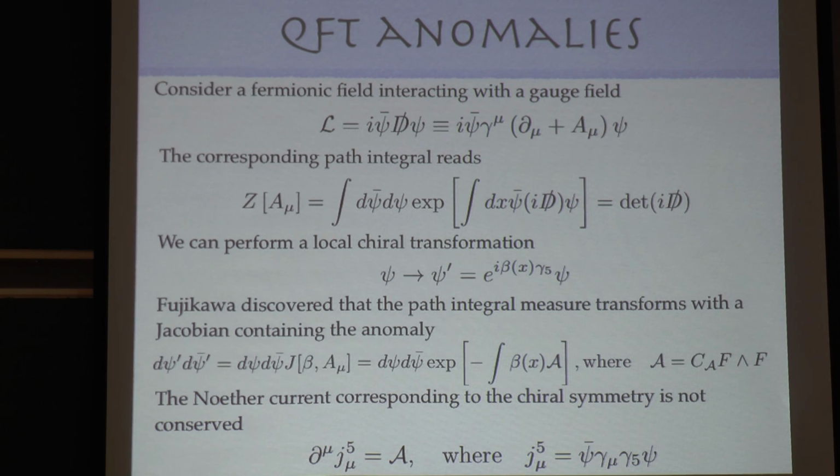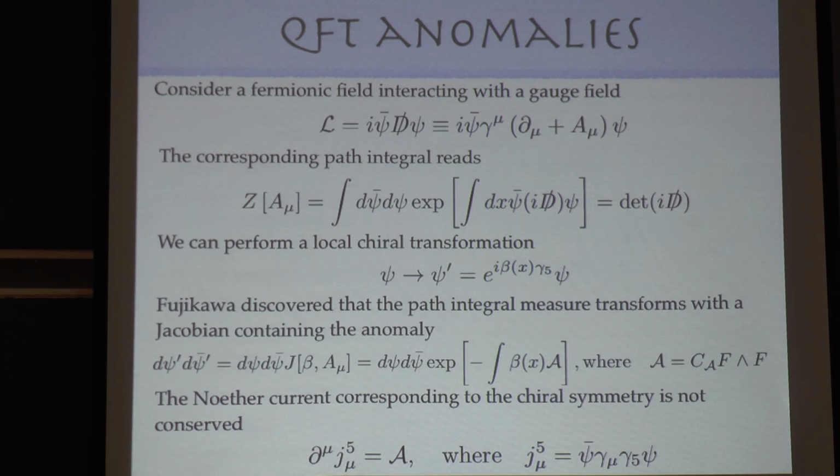Then the partition function for that can be constructed, and formally it leads to some determinant of the operator D. At the classical level, we can do the chiral transformation in this form, where β is some local function of the coordinates. Then it turns out that if we quantize the system, the symmetry is no longer there, but actually there is some breaking by quantum effects, and this effect is known as a quantum anomaly.